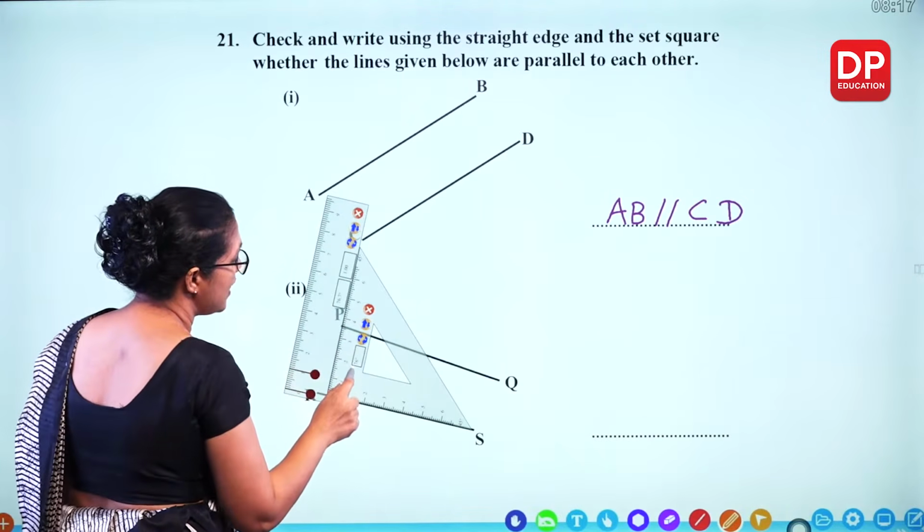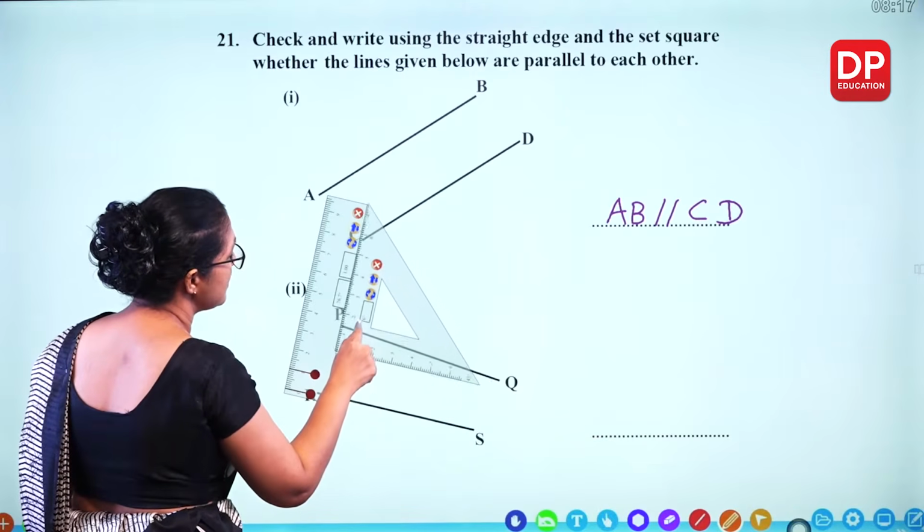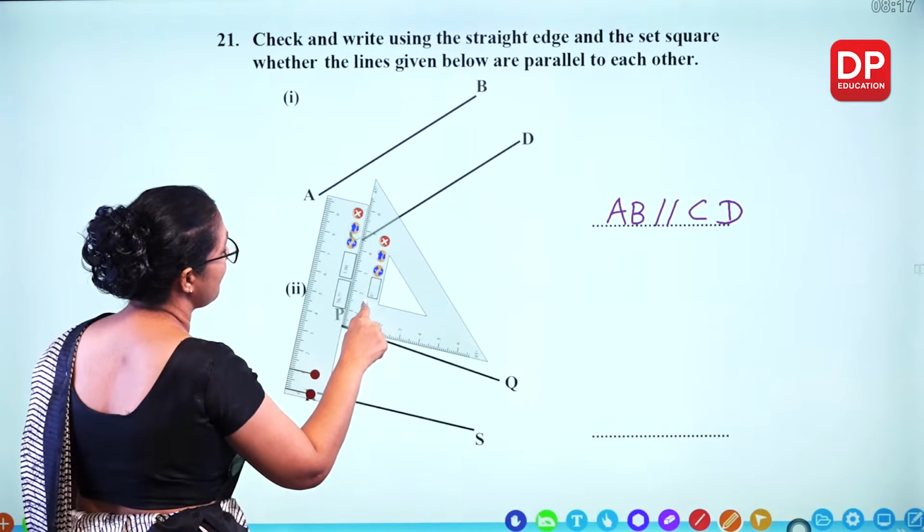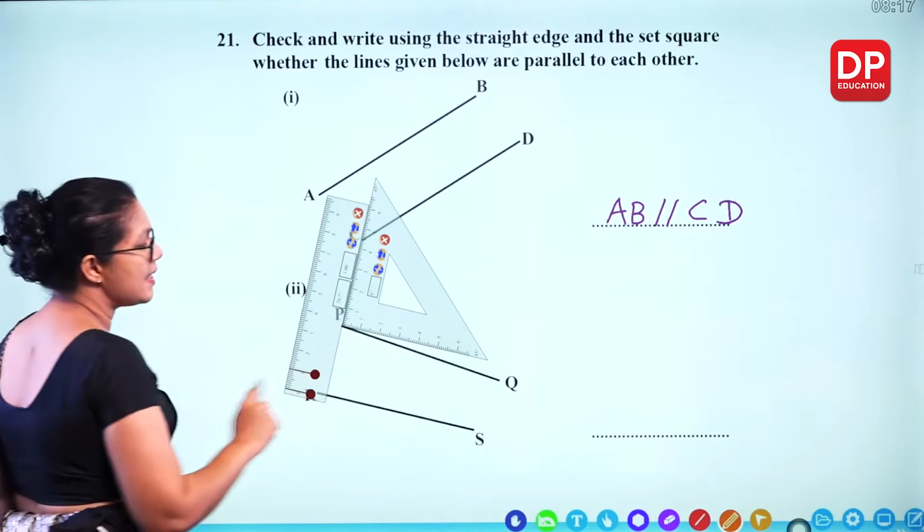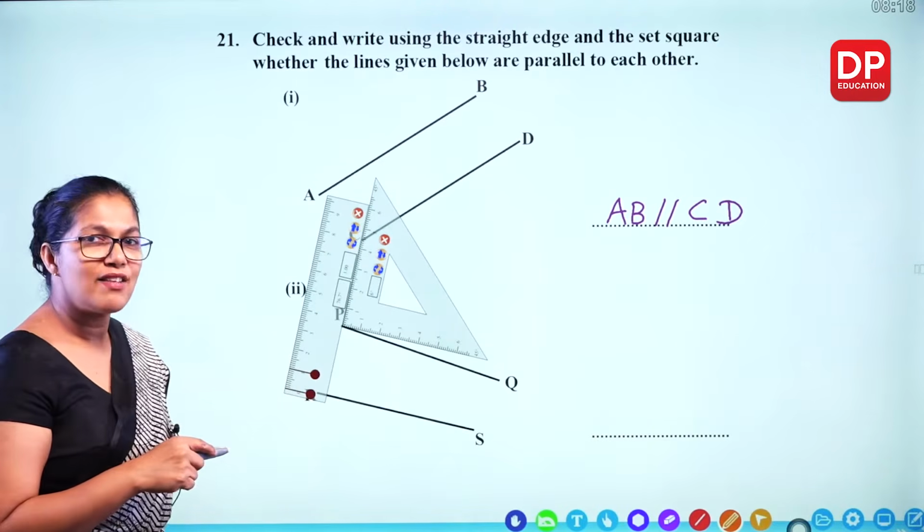Hold the straight edge tightly and drag it and see. Here we see that PQ line is not parallel.